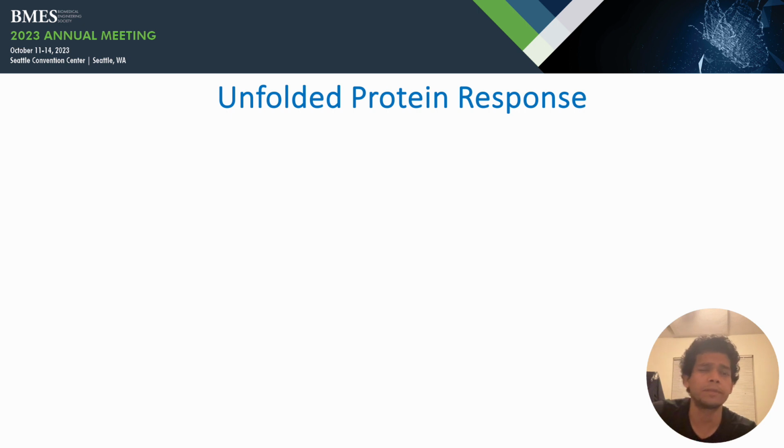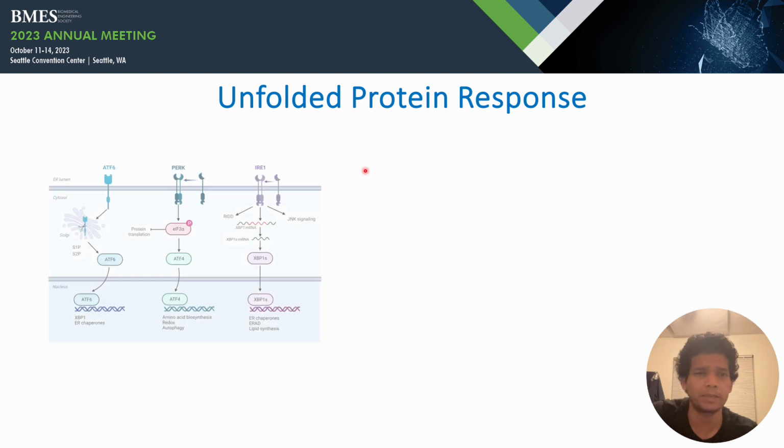Thereafter, from the proteomics study, we came to the point that an unfolded protein response could have been triggered in the absence of glycosylation processing proteins. So we decided to check the unfolded protein response. This is just a brief overview of the unfolded protein response.